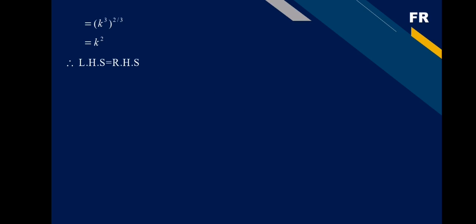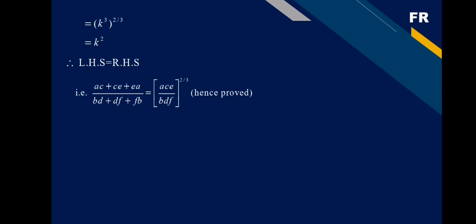So here the resultant term is equal to k square, which was also the resultant term of the left hand side. So we have (ac plus ce plus ea) whole divided by (bd plus df plus fb) is equal to (ace by bdf) whole power 2 by 3. Hence proved.